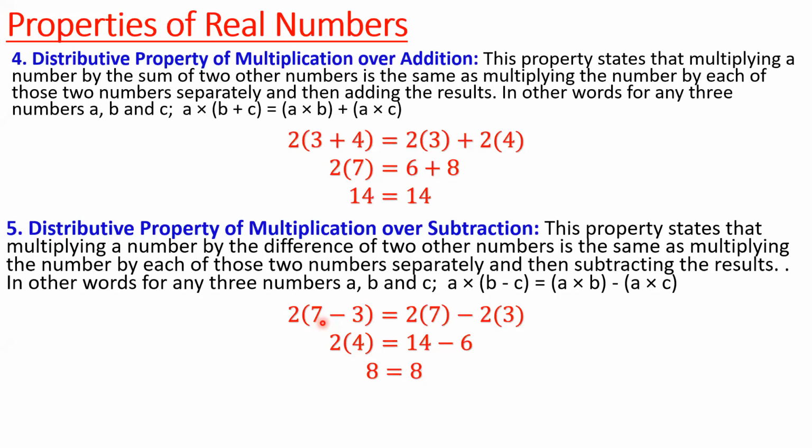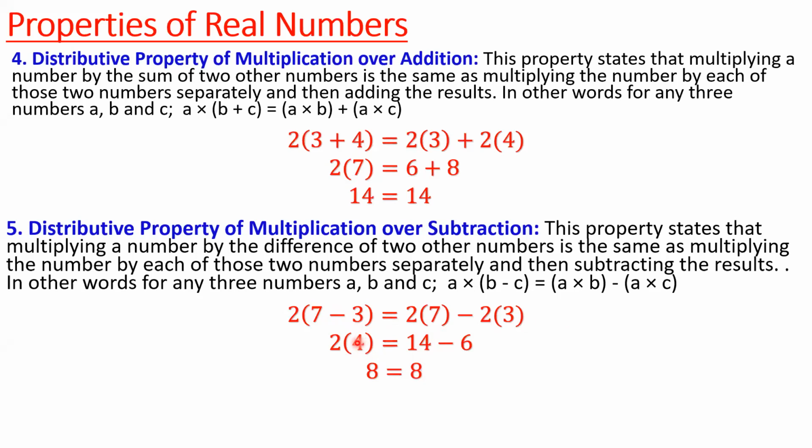No, I'm saying explain the property. Like with the question? Yes, with this. So 2 times open bracket 7 minus 3 equals 2 times 7 minus 2 times 3.